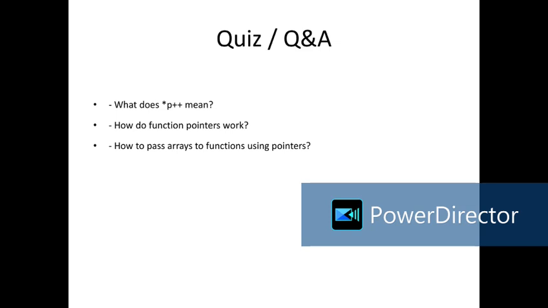Question 2: how do function pointers work? They store the address of a function. We can call a function using its pointer. Question 3: how to pass arrays to functions using pointers? Just pass the array name. It decays to a pointer automatically, as in int *a.